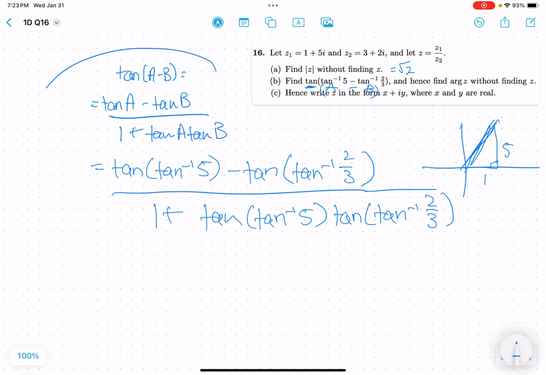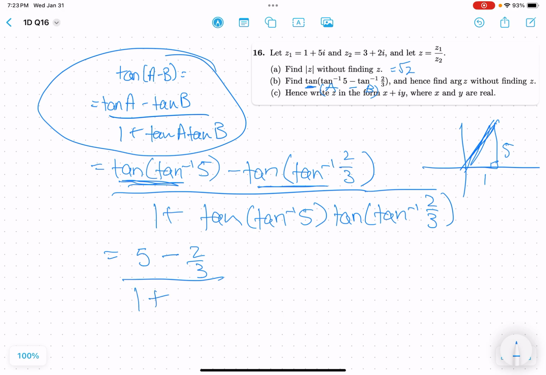Okay, just using that formula. So you can see our question is nice and easy now because inverse tan and tan will cancel each other. So we've actually got 5 minus 2/3, and 1 plus 5 times, in brackets, 2/3.